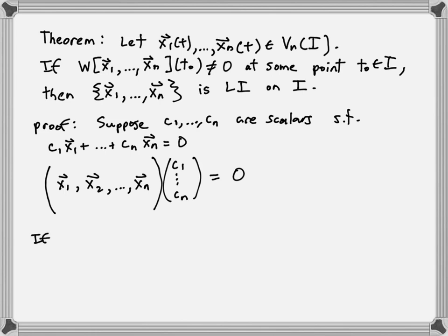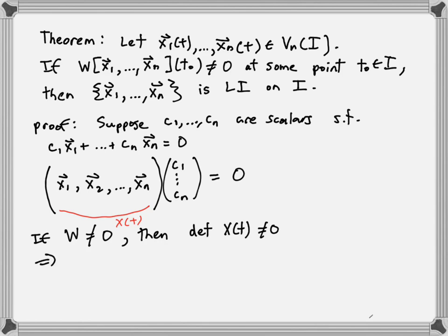We're saying let's suppose that this is equal to 0. Now, if the Wronskian is not 0, then if we call this entire matrix capital X of t, this means the determinant of capital X of t is not 0. But what does it mean for that determinant to not be 0? It means that the only solution is the trivial solution, right?